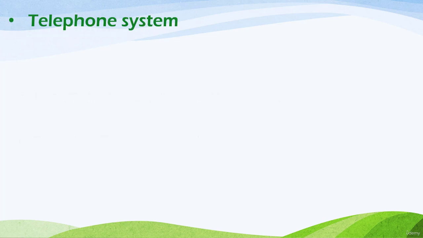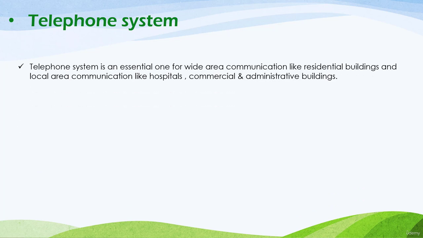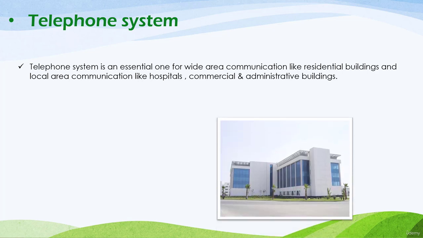So let's go ahead. First of all, to introduce the telephone system, we find that it's a basic system in communication that is used essentially for communication between the different users who may lay in a small local area like small buildings, for example, if we are talking about a common area building like hospitals or commercial buildings or administrative buildings, where we should use a standard communicating system that connects all of the employees in the building with each other.